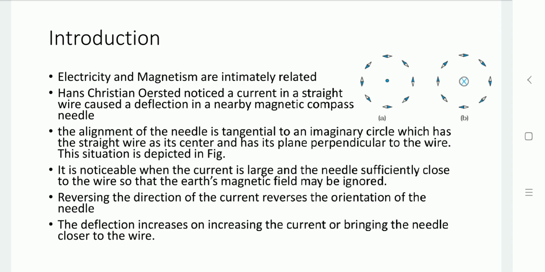As the magnetic field becomes stronger, the angle reduces, and a stronger field is available nearer the wire.